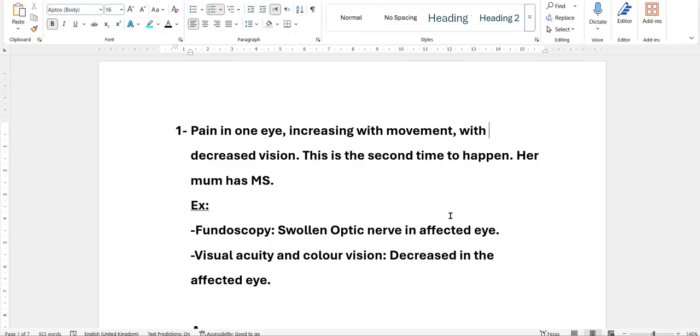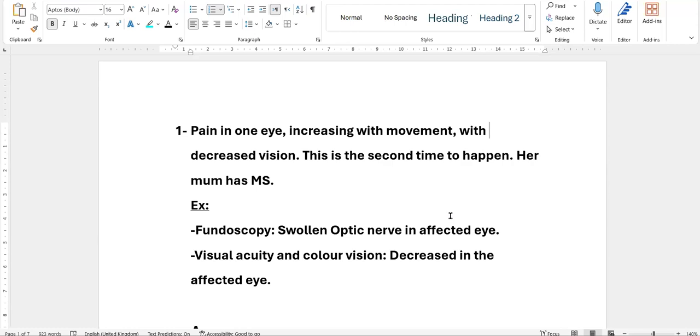So I don't take any history, right? No history, nothing. You'll start from the management part, from giving the diagnosis. Even if I don't know what the diagnosis is? You don't know what the diagnosis is here? Maybe orbital cellulitis. Try your best.